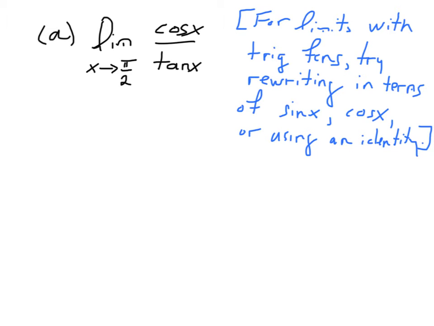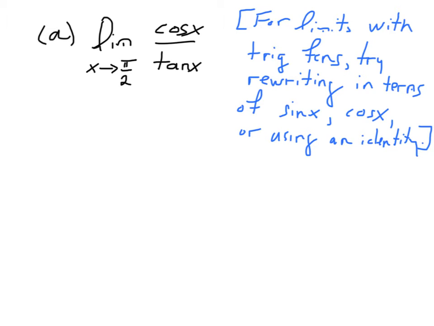we have the limit as x tends to pi by 2 of the function cosine of x over tan of x. And maybe you're not really sure about what's going to happen with that tan x at pi by 2. In fact, it's going to look like 1 over 0, so that doesn't seem like something that's actually defined.